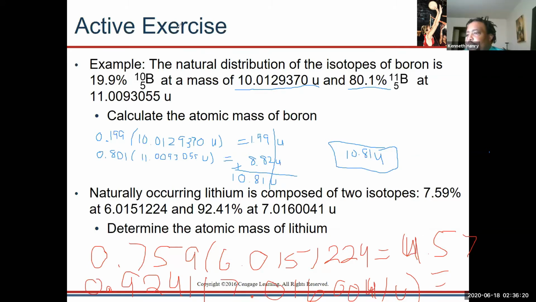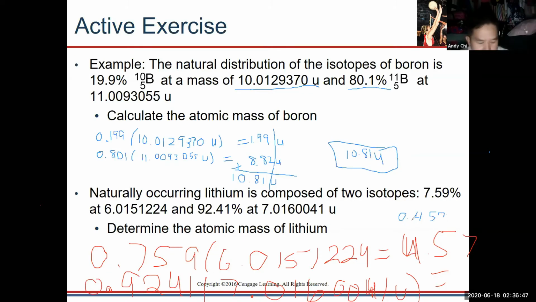So I have a question for you before you get too far. This number, you have 0.759. Oh no, it's supposed to be 0.0759. Yep. So this number here would just be 0.457. Yes. Okay.